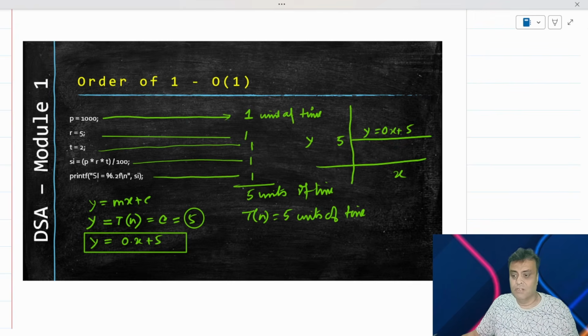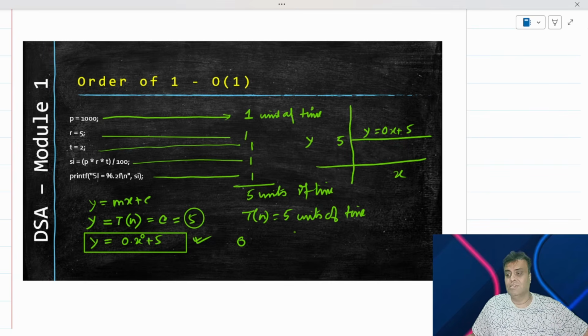0 is the slope of the curve, right? So if we are talking about this, what is the degree of this polynomial? This is the polynomial, right? The degree of this polynomial is 0. X's degree is 0, so I cannot make my order of time influenced by x.